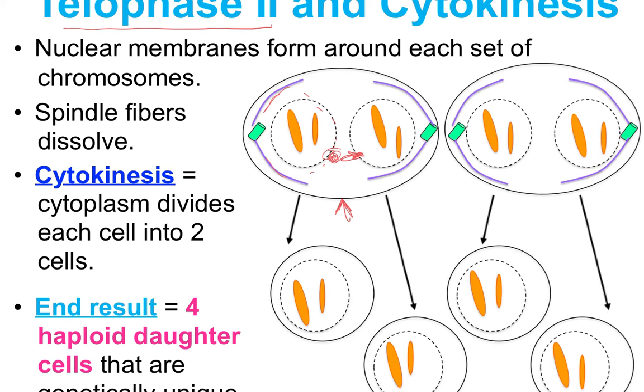And then cytokinesis will happen again. Cytokinesis is just this division of the cytoplasm, and it will split up into 2 individual cells. So from the original 2, we now have 1, 2, 3, 4, and these are called haploid daughter cells.